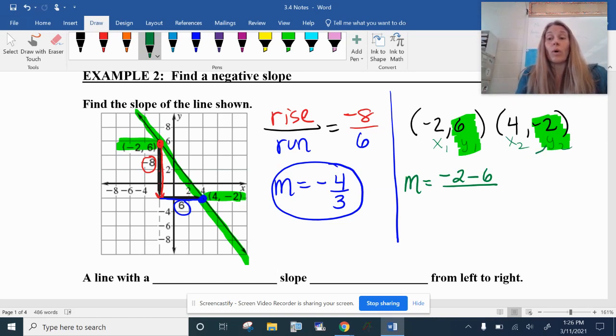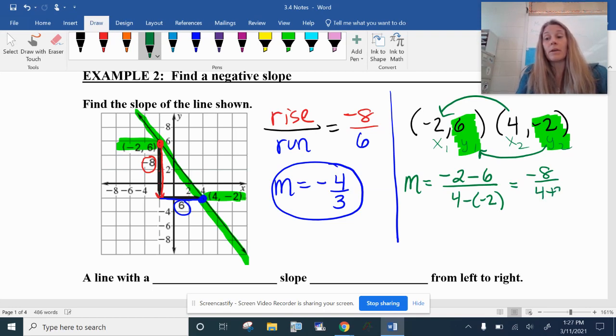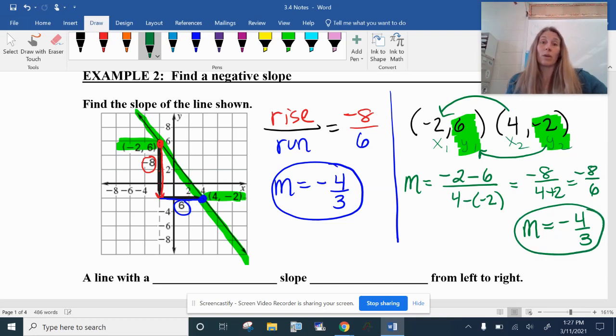So since I'm going to do y2 minus y1, I'm now going to do x2 minus x1, which will be 4 minus -2. Now, keeping in mind when you subtract a negative, those 2 negatives become positive there. So this is -8/6. And of course, that is going to simplify to -4/3, which is the same thing we got when we did rise over run.